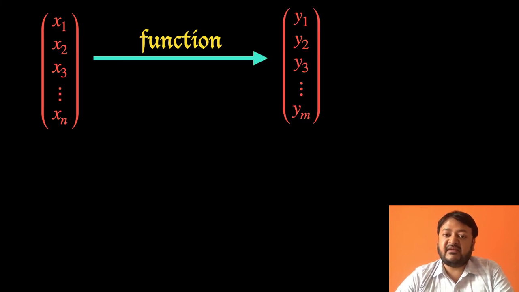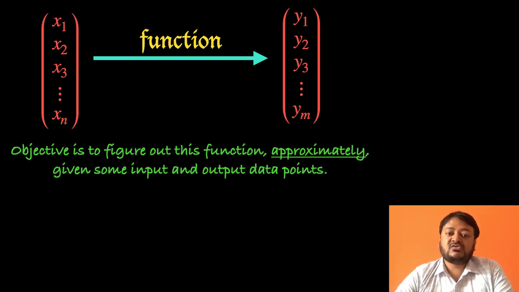So in this case, we have n inputs and m outputs, which may or may not be different. The objective of supervised learning is to estimate the function which connects our input and output. I have many data points about input and output, but what I do not have is the function connecting them. So now the objective is to figure out this function.